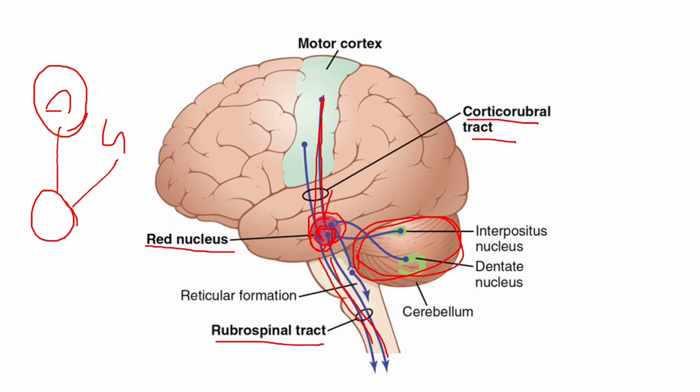And so this corticorubrospinal tract serves as an accessory or a backup tract in case there is any injury in the corticospinal tract. This tract will take over to maintain the movement. However, there will still be impairment in the finest kind of movements of the fingers.